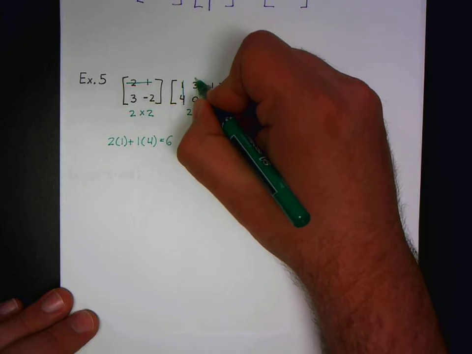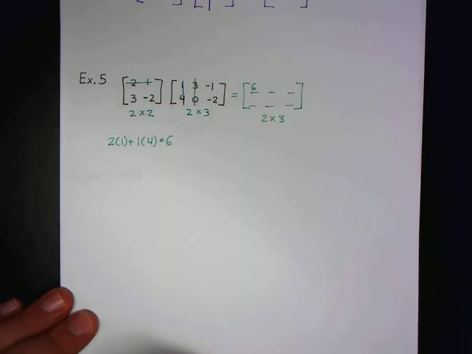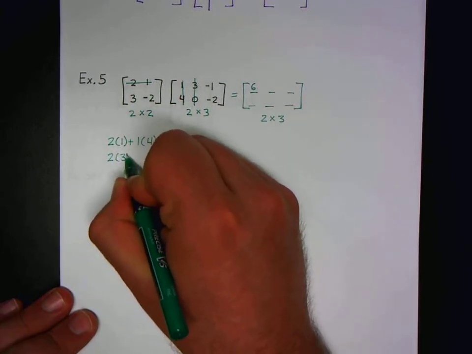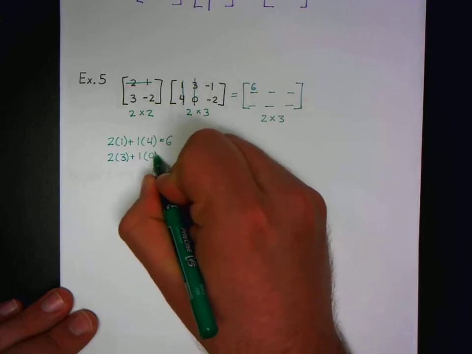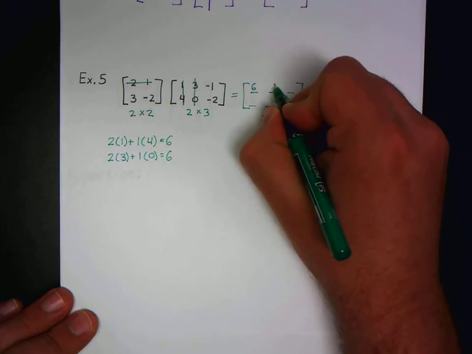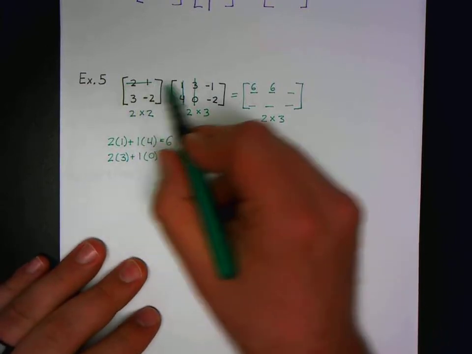So now I'm going to multiply it times this column. So 2 times 3 plus 1 times 0. And then I put that answer, since I used the first row, second column, I put that answer in first row, second column. Okay, so I've done first row times each of these columns.